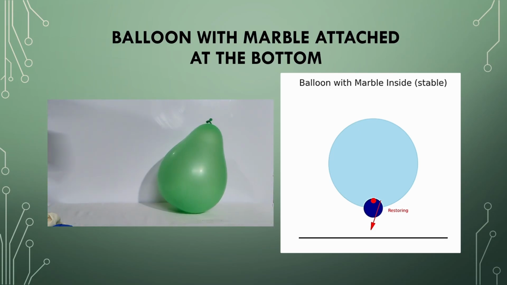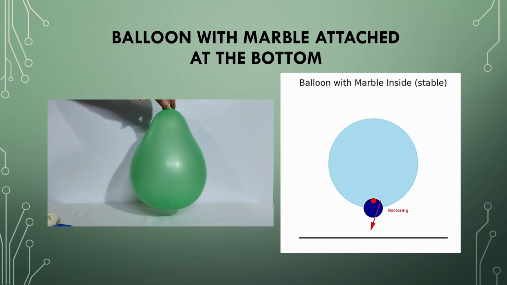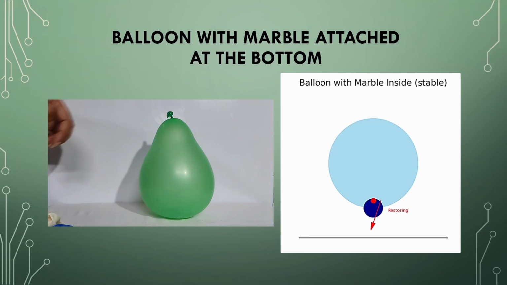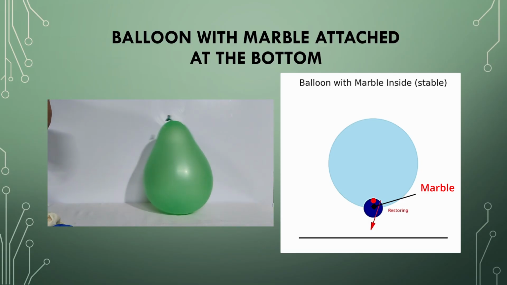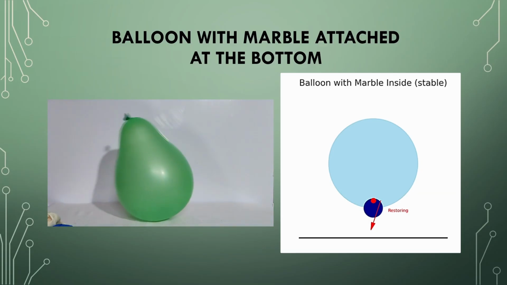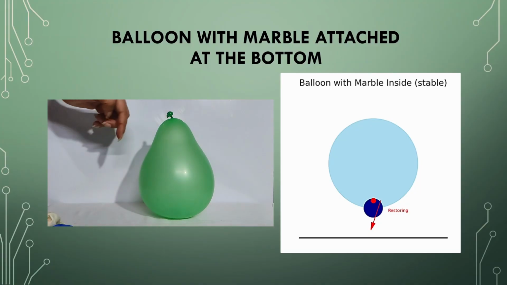So why is it happening? Now you can see in the schematic diagram, previously the sky blue one represents the balloon. I have attached the brighter navy blue, which is the marble. So by attaching it, what happens? There is a redistribution of mass.